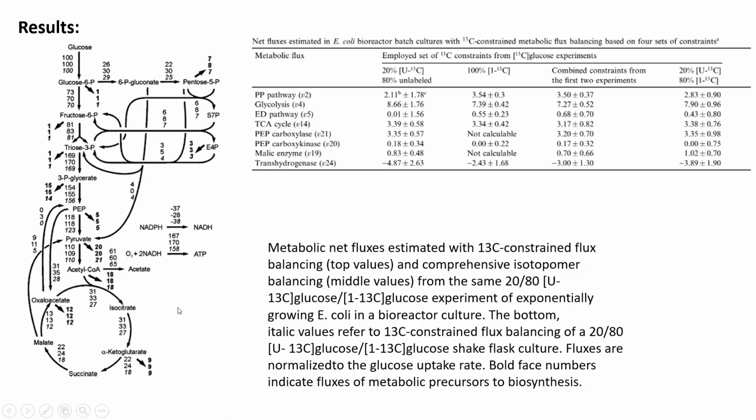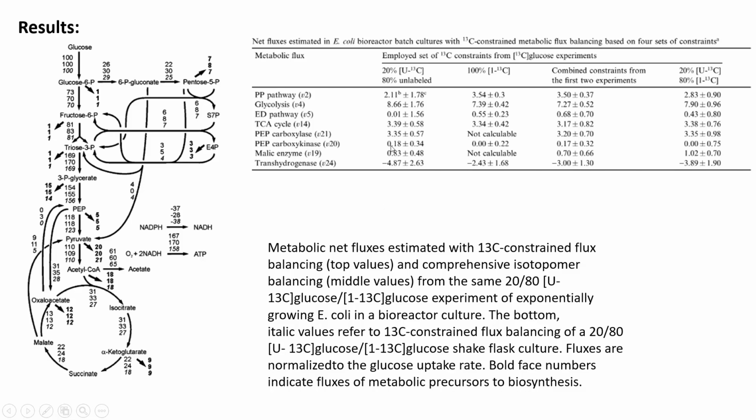So you see, they have calculated fluxes for each of the pathways, and also under different conditions. Metabolic net fluxes are estimated with the 13C constraint of flux balancing and comprehensive isotope balancing.